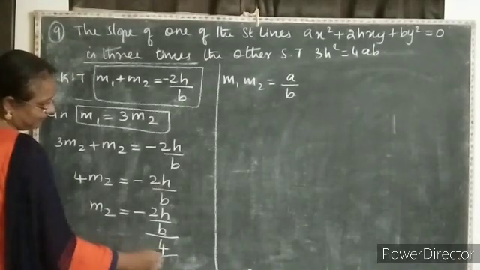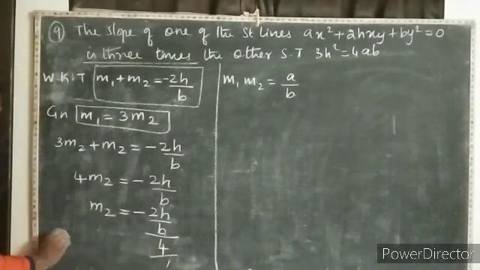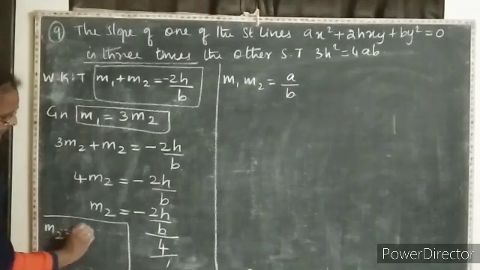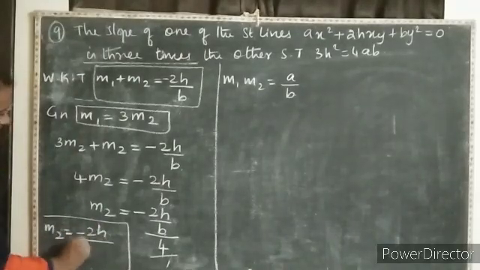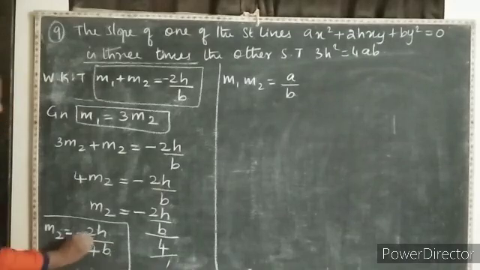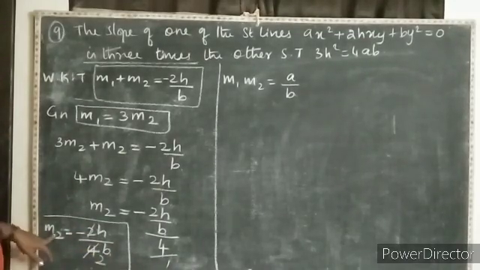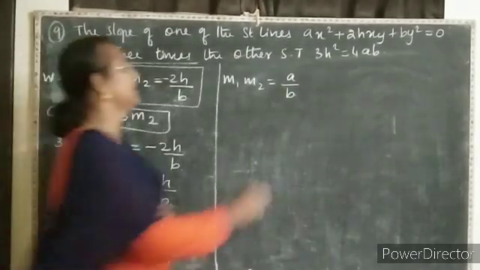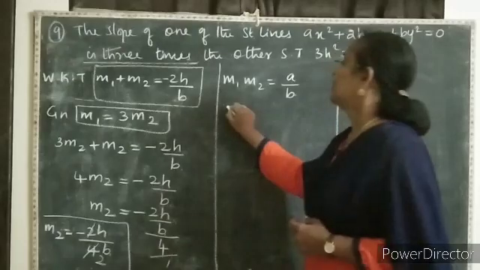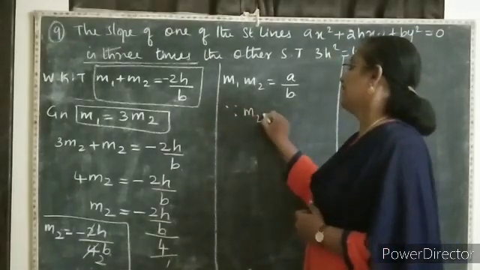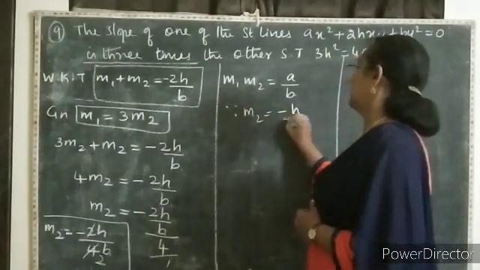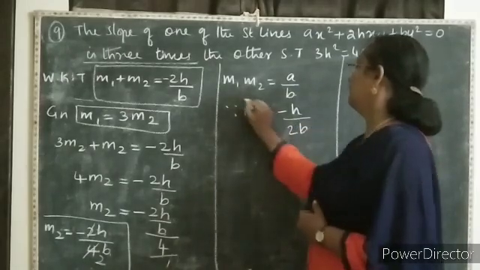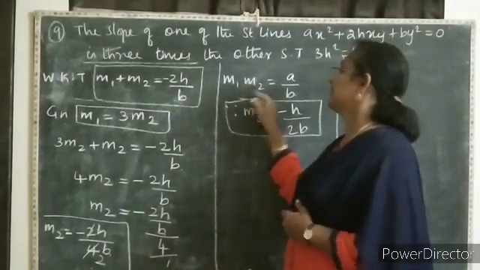So m2 is equal to minus 2h divided by 4 into b. So I am going to cancel 2 times. So m2 is equal to minus h divided by 2 into b.